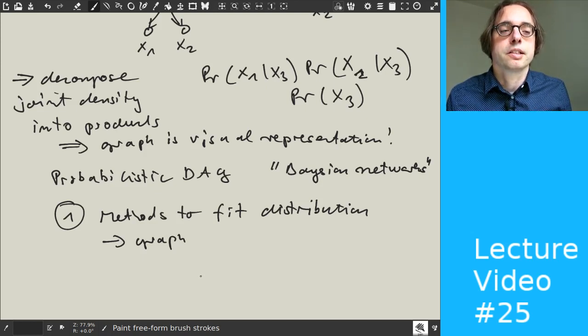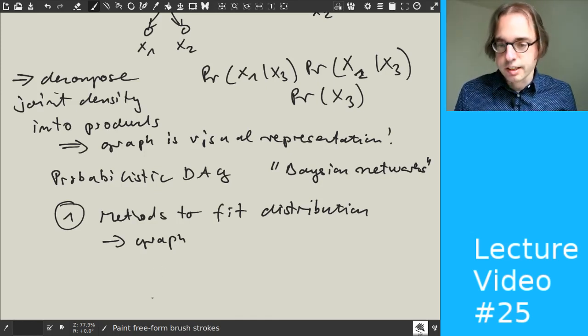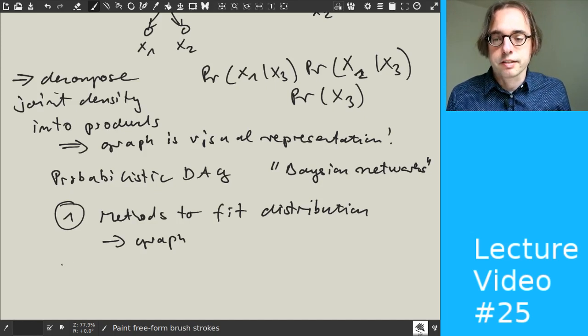For instance, by assuming a tree structure, we already reduce the space of models substantially. So we need methods to fit the distribution, and then, since we have graphs, we need methods to explore the space of graphs.